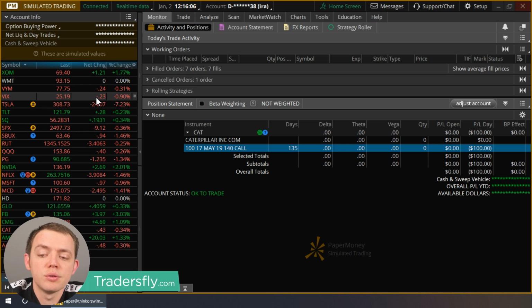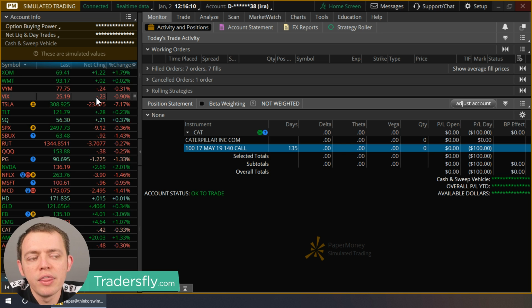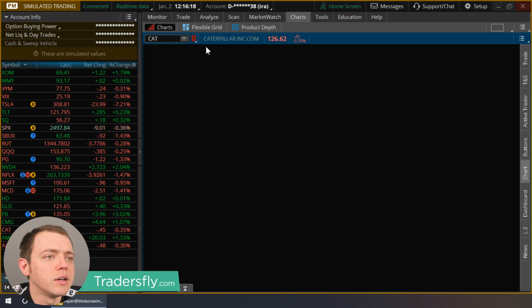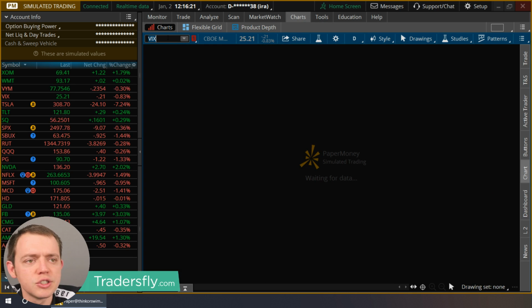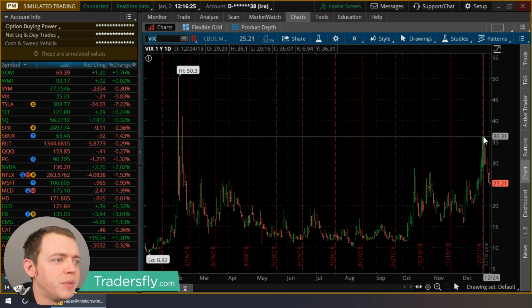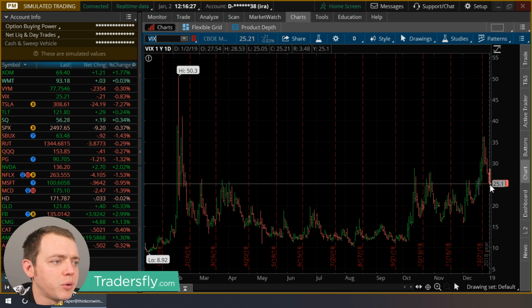And what you have to remember is that calendars typically benefit when the VIX continues to go up. Now, looking at a 25 VIX, you're kind of at the upper range, right? So if we look at our VIX, you can see that we've hit 35 in the past, but now we're heading lower.